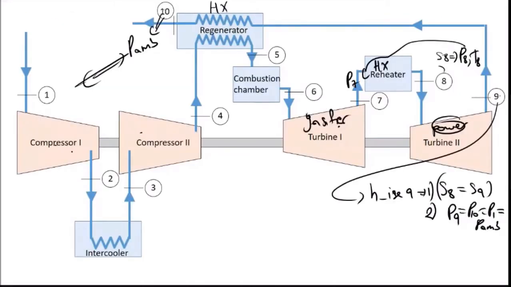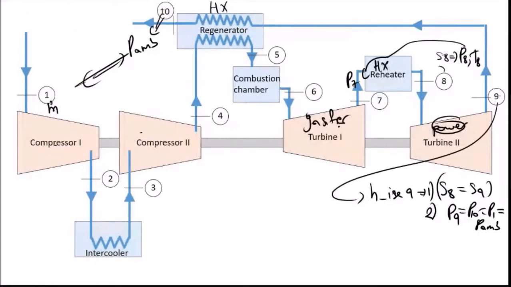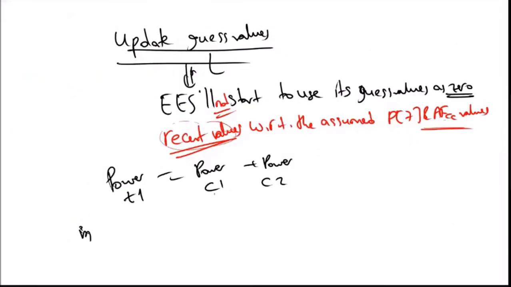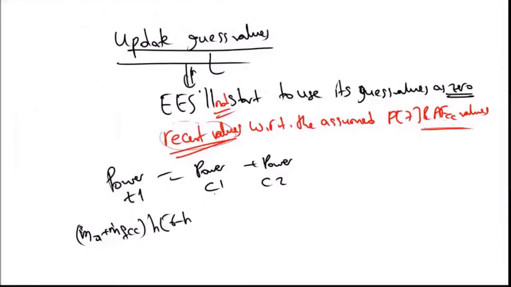For compressor 1, if you do the first law analysis, you will have m dot of air enthalpy of 1, m dot of air enthalpy 2, m dot air enthalpy 3, m dot air enthalpy 4. But for the gas turbine, you have m dot air plus m dot fuel of the combustion chamber times H6 and H7. If I write it, you will have m dot of air plus m dot of fuel combustion chamber times H6 minus H7.